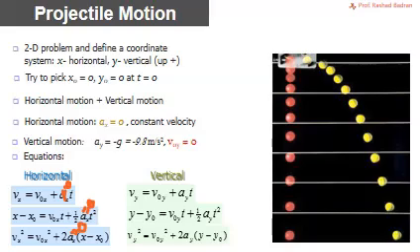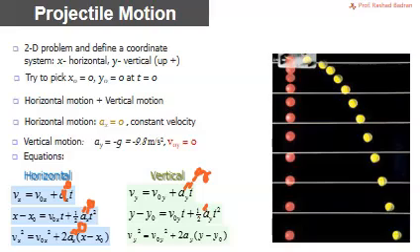However, along the y-axis, the vertical motion, we're going to replace a_y by minus g, as we indicated before, in all these equations.